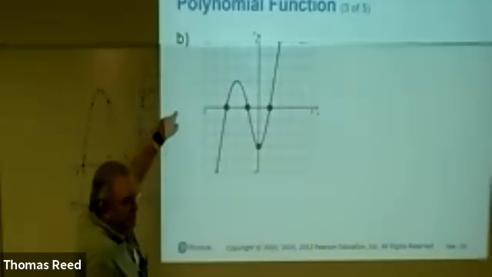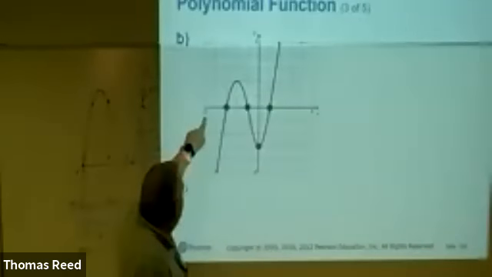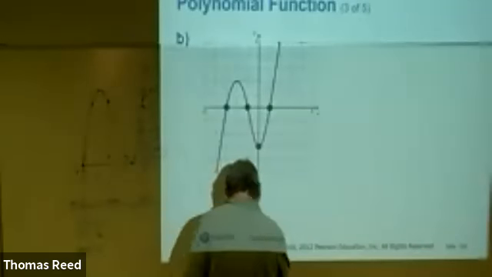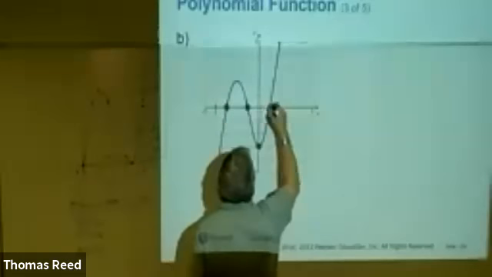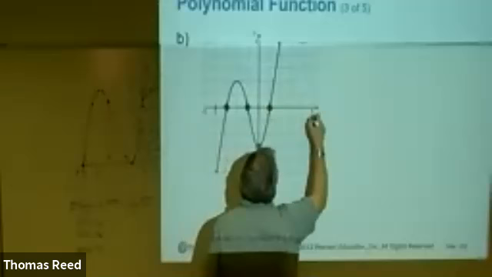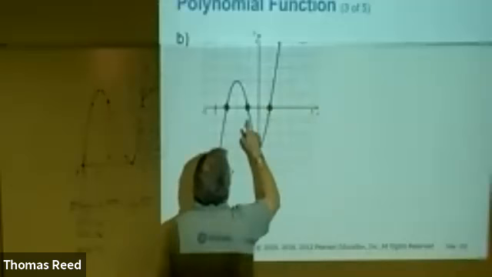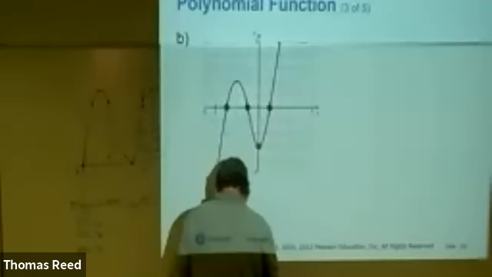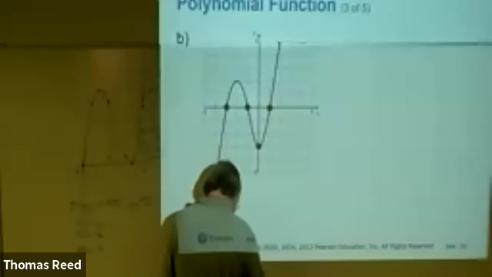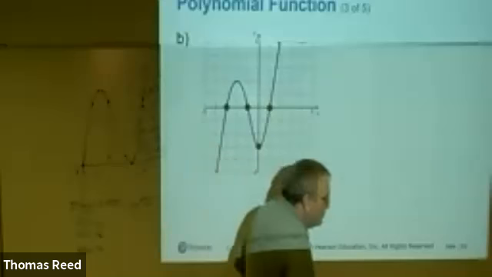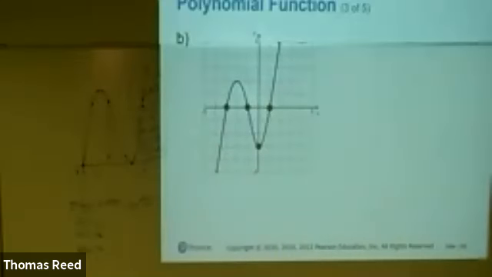Where does it cross the x-axis? All right, this is -3, -1, and 1. What's the y-intercept? -3. So it has a y-intercept of -3 and x-intercepts of -3, -1, and +1.